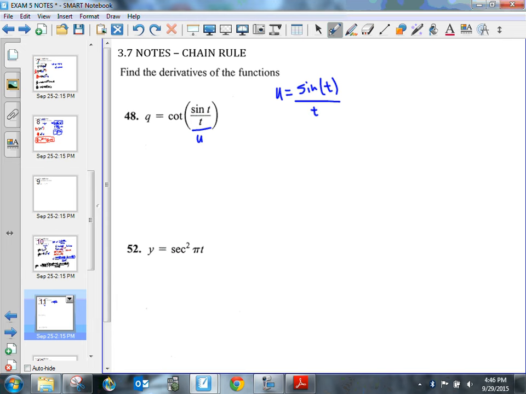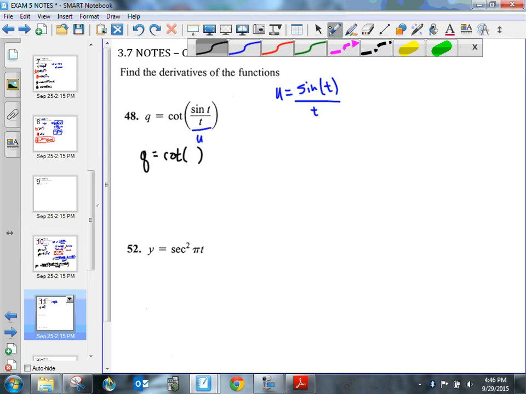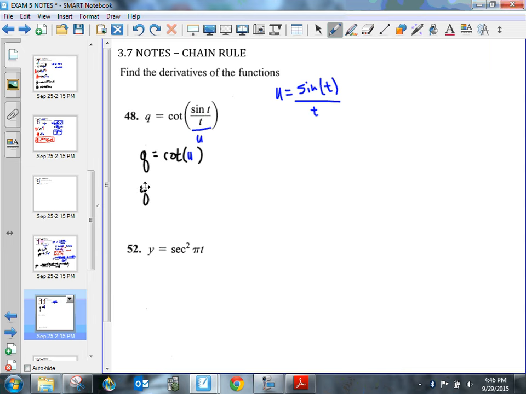Okay, and so now I'm going to come back over here and rewrite this as q is equal to cotangent of u. And so what I want to do is find q prime.